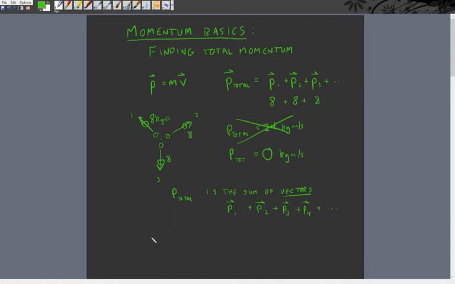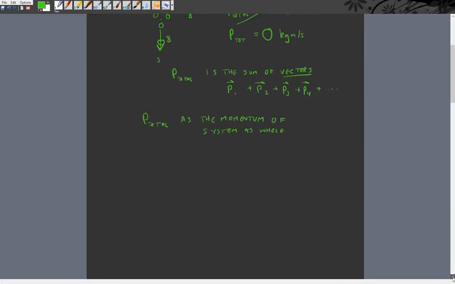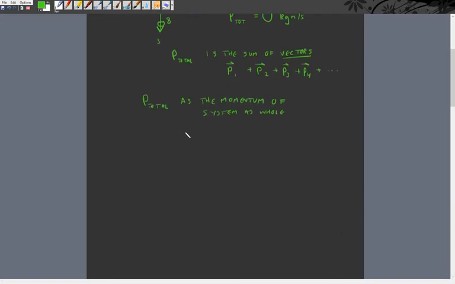Okay? So I want you to think of P total as the momentum of the system as a whole. What does this mean?